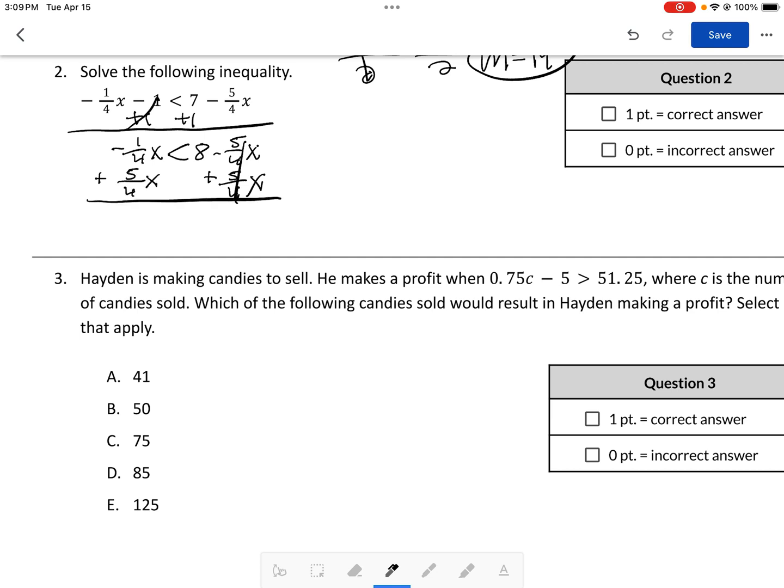So now I have negative 1/4 x plus 5/4 x, which simplifies to 4 over 4x, or just x, is less than 8. So my answer is simply x is less than 8.